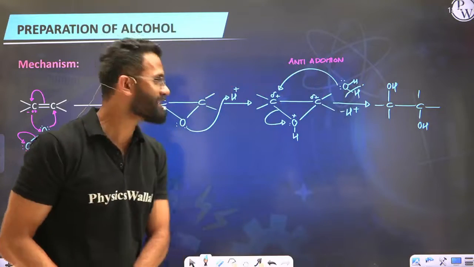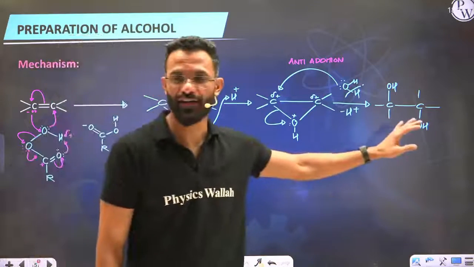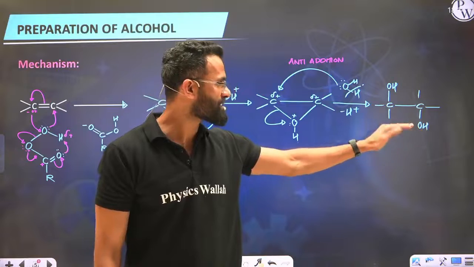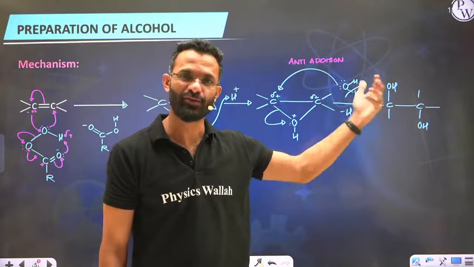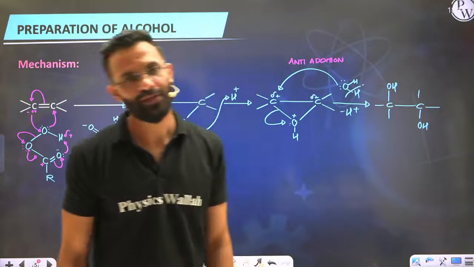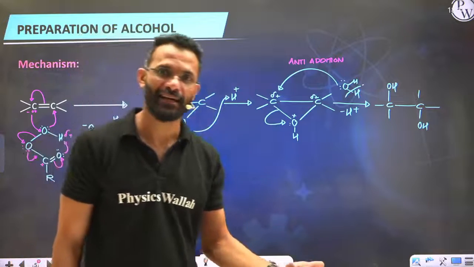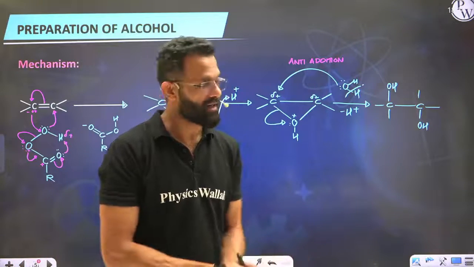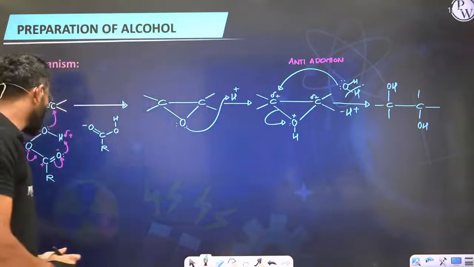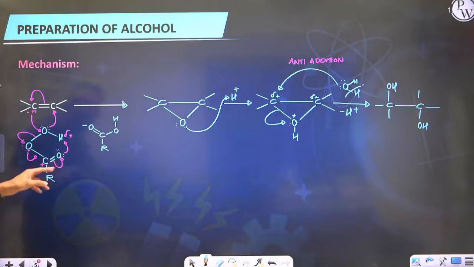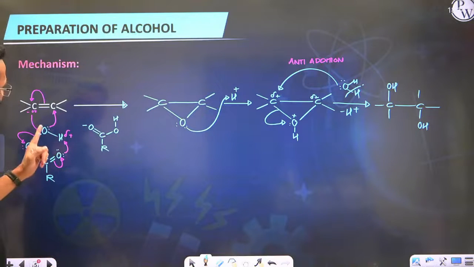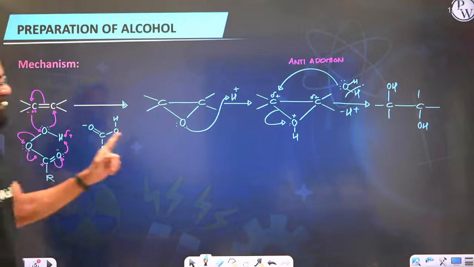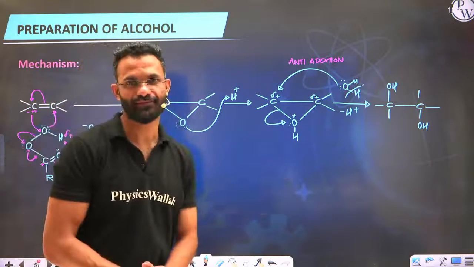So you can clearly see we have got formation of a diol, but the two OHs are stereochemically going to be opposite to each other. Hence we call it anti-dihydroxylation. Another important point: when the addition is taking place, out of these three oxygens, the O which is connected to hydrogen gets added across the carbon-carbon double bond.